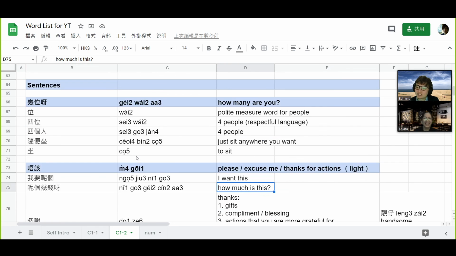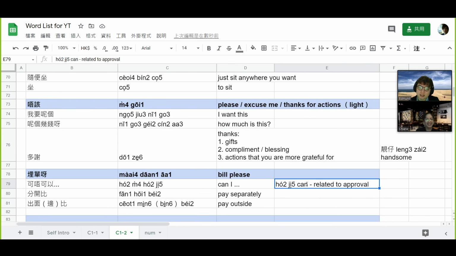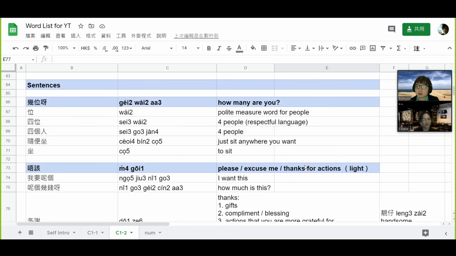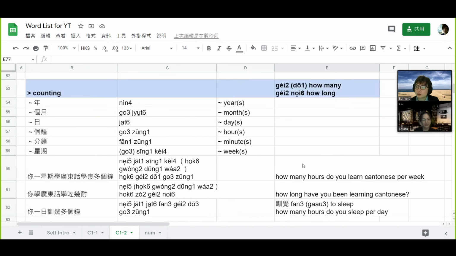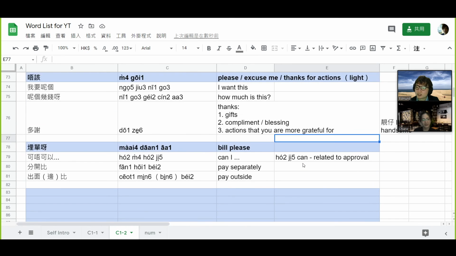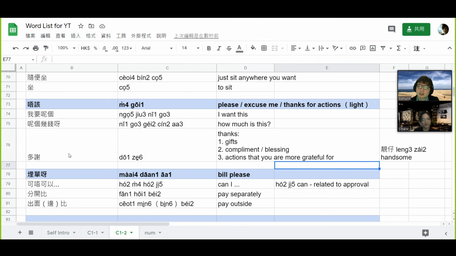Yeah, in English the can has two meanings: one is related to approval, another one is related to ability. This one is only the one related to approval.